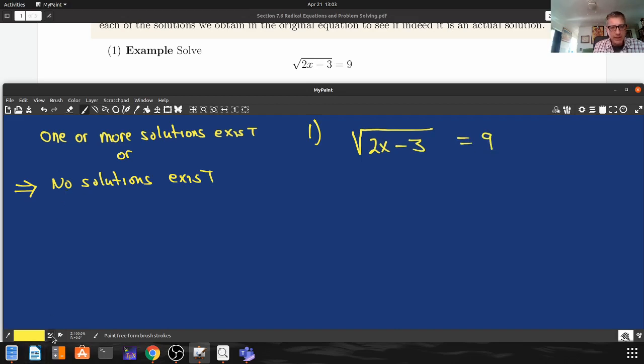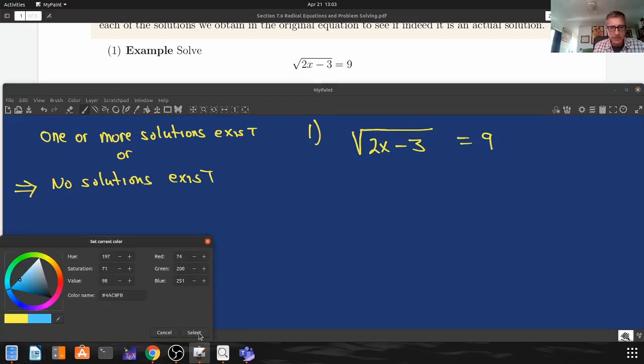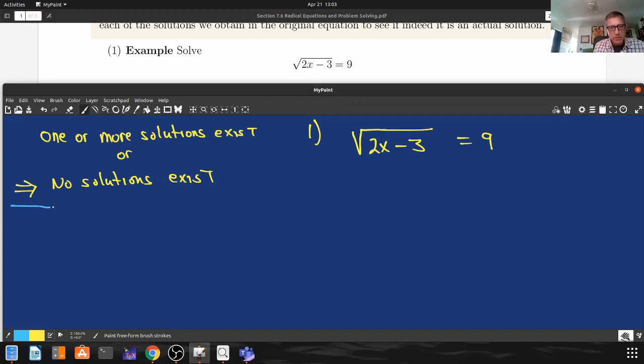And over here I'm going to put on the side a note that's going to be important. Normally I wouldn't even bother to say this, but what happens in section 7.7 requires me to. We are looking for real number solutions. You say, wait, why are you telling me that?